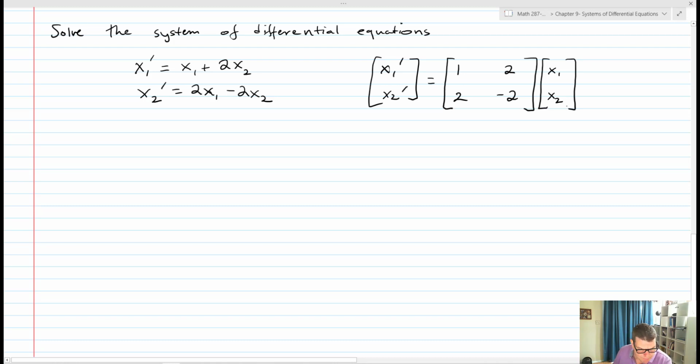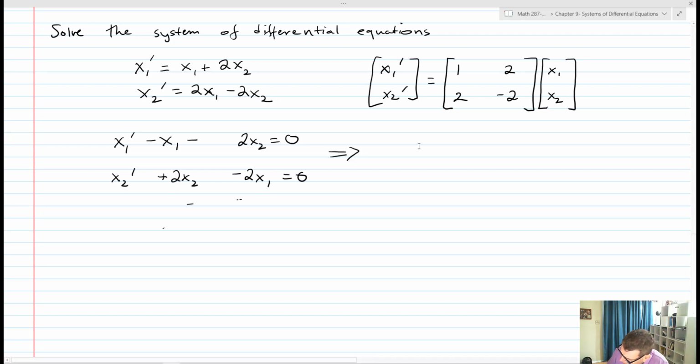Now, in order to solve this, we're going to rewrite it in operator form. It's going to be x1 prime minus x1 minus 2x2 equals 0. And then x2 prime plus 2x2 minus 2x1 equals 0. I'm going to rearrange this so that my x1s are all in the same place.